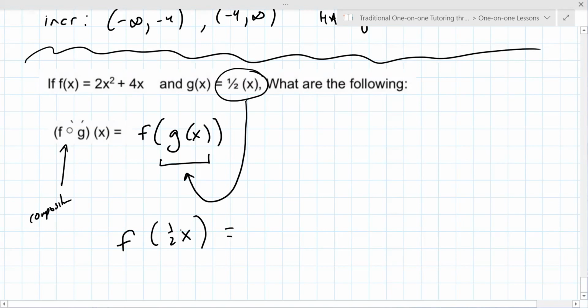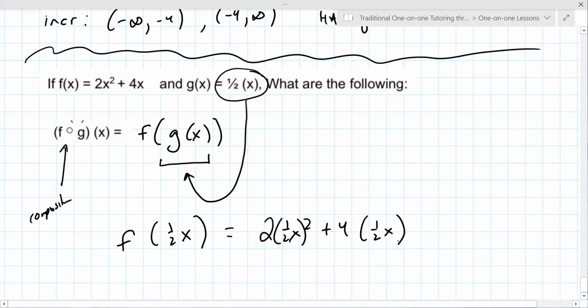Now f of x is given here on the top left. Normally you'd write 2x squared plus 4x, but what I'm telling you to do is wherever you see an x, replace it with 1/2 x. And wherever you see an x again, replace it with 1/2 x.